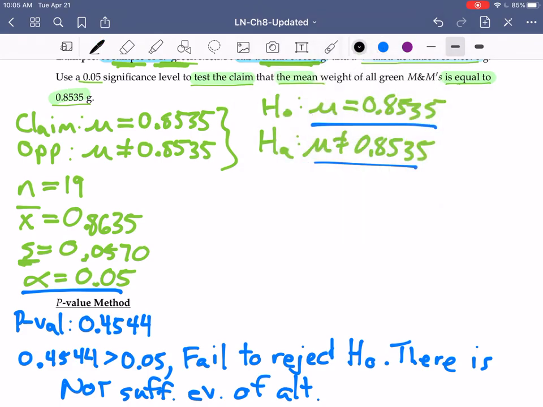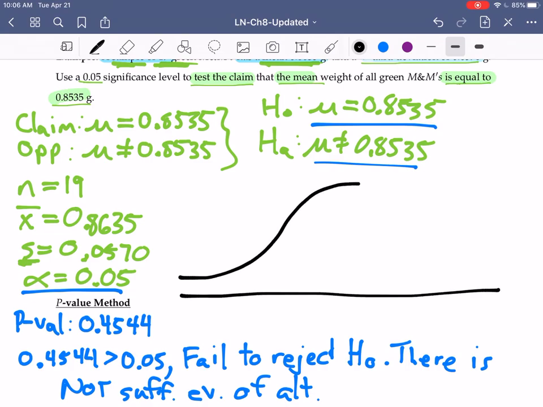Here, in terms of this t distribution, what we have is a two-tailed test because we have a not equal to sign in our alternative hypothesis. With those two tails, we have two different regions of rejection.